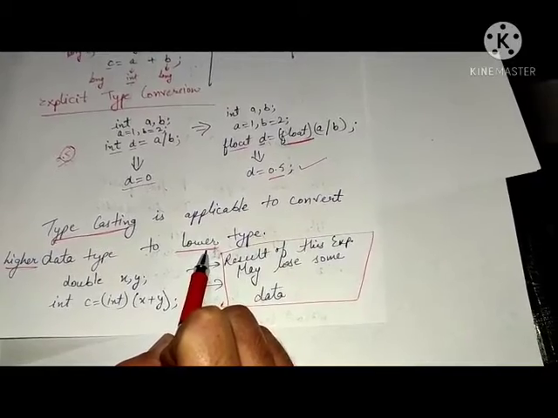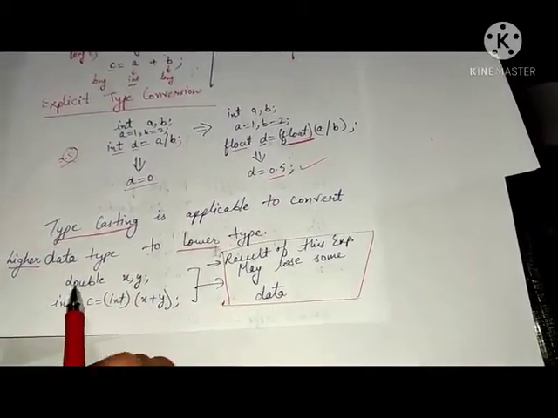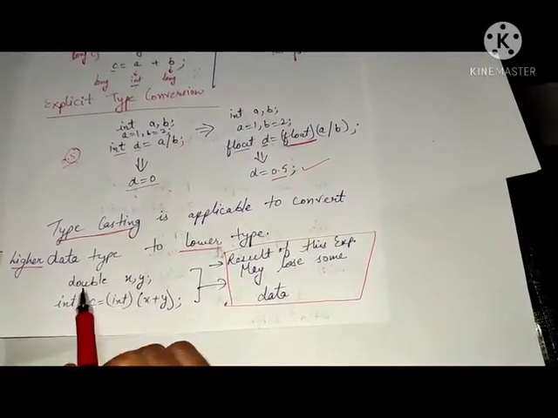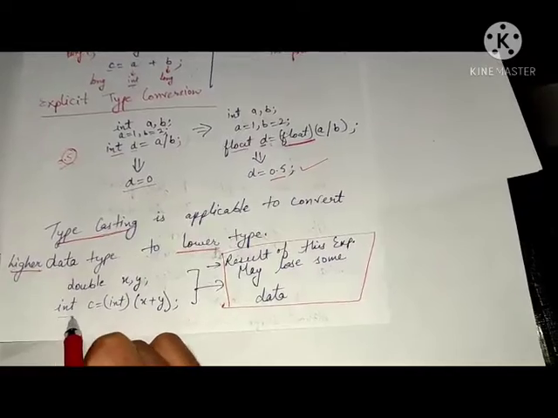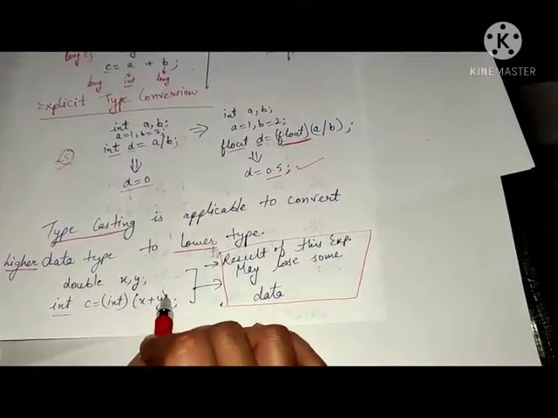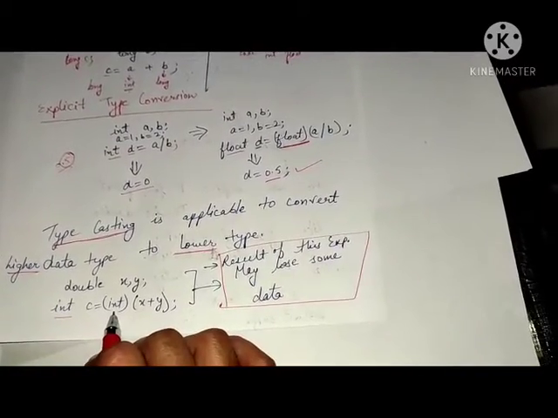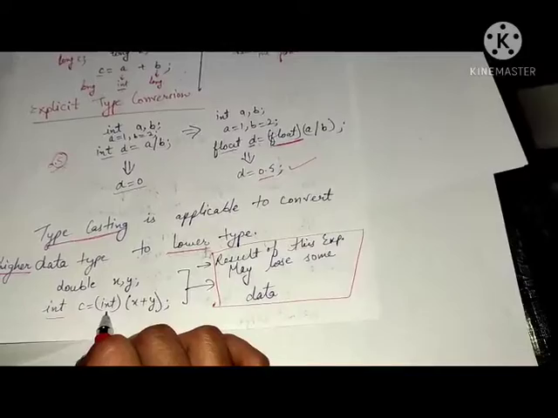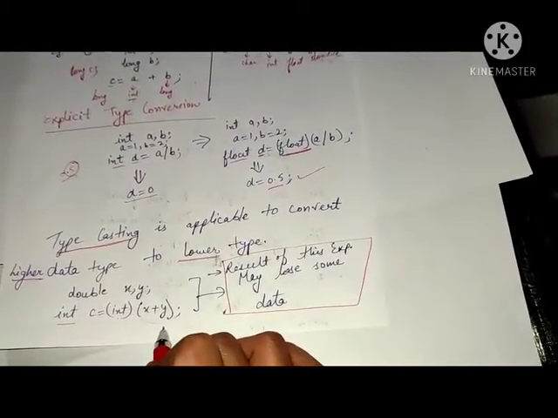But there is a problem. The result of the expression may lose some data. For example, here we have two variables of double type. Double is higher data type, int is lower data type. So when we convert this addition into integer, then maybe there is loss of data or maybe not. It depends upon the value of this result.